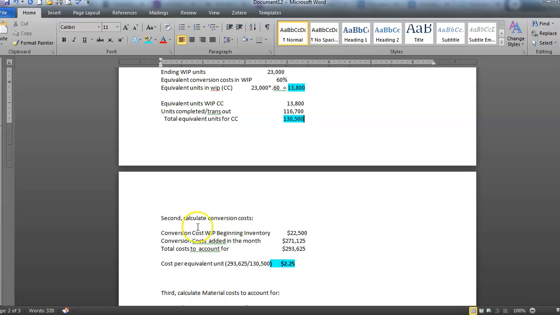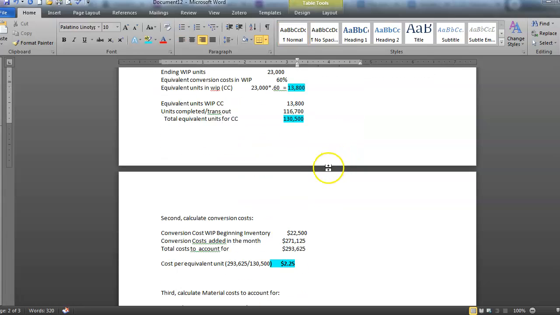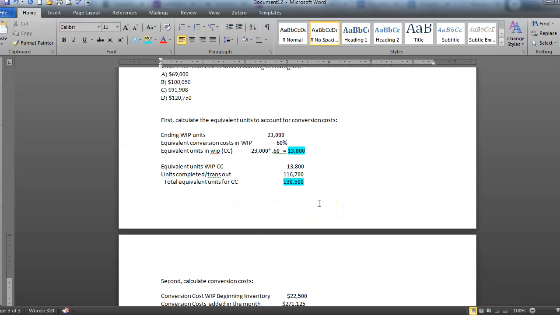Second, we want to also calculate our conversion cost in dollars, because now we did it in units, so let's do it in dollars. If we take our beginning WIP inventory, and we're given this here, our beginning WIP inventory on conversion cost is 22,500. We want to take that cost of conversion cost added in the month, and based on the information provided is 271,125.